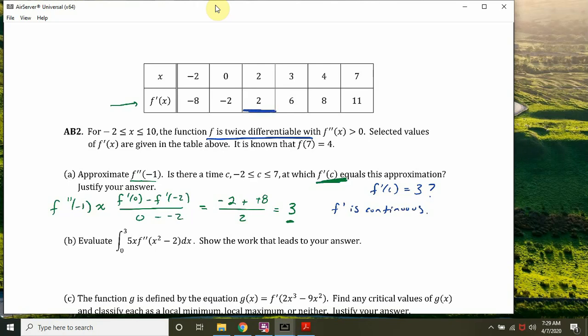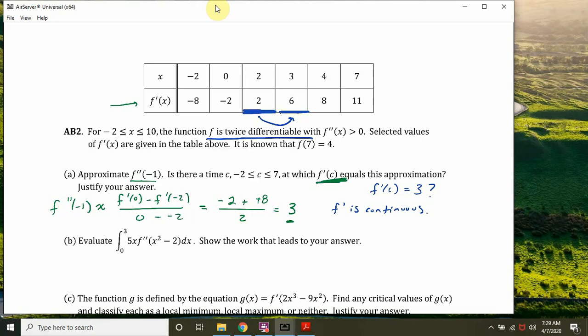At one point, we have a y value of 2, and then we go to a y value of 6. If f prime is continuous, to get from 2 to 6, we would have to cross over 3 to get there, right? To go from a y value of 2 to the y value of 6, we've got to cross over the y value of 3 if the function is continuous. So this is actually not a mean value theorem, but rather intermediate value theorem problem.